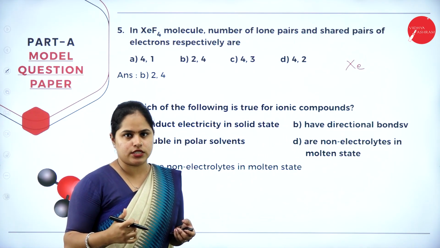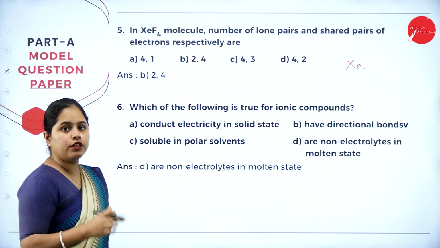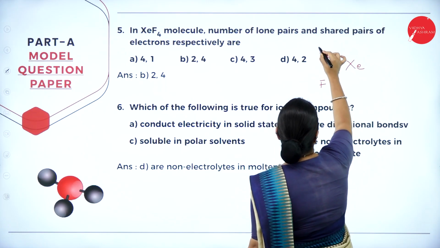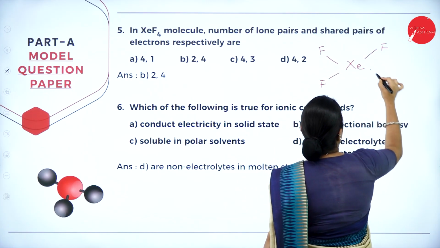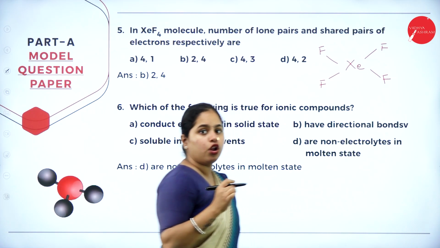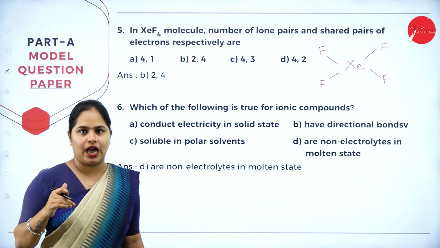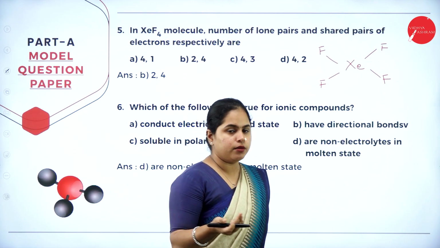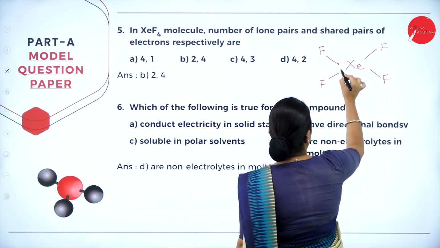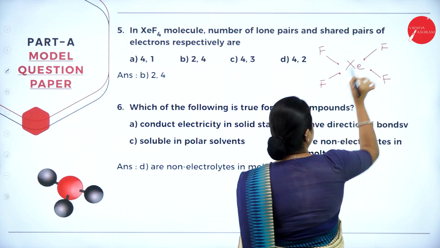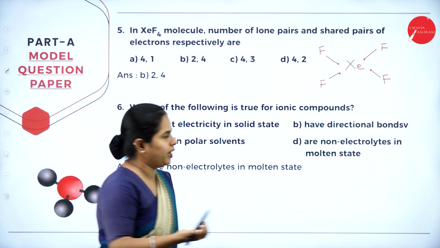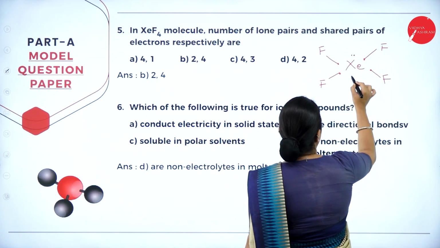It is forming bonds with 4 fluorine atoms, that means 1, 2, 3 and 4. So a total of 8 electrons xenon has in its valence shell, and 4 electrons are already taking part in bond formation. Now how many are left? 4 more are left, right? So 1, 2, 3, 4.